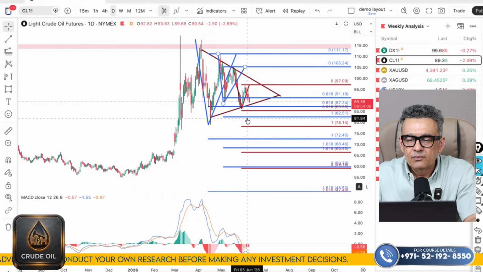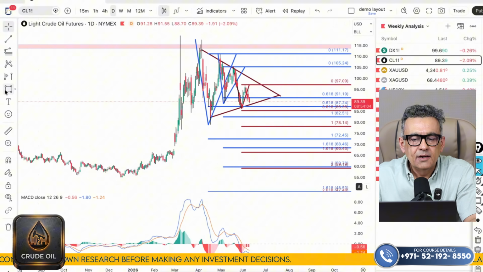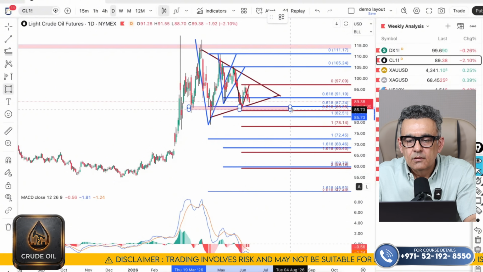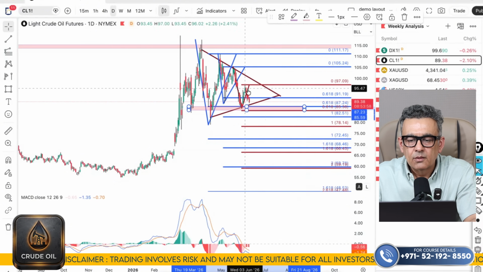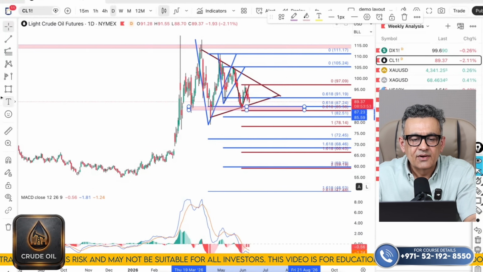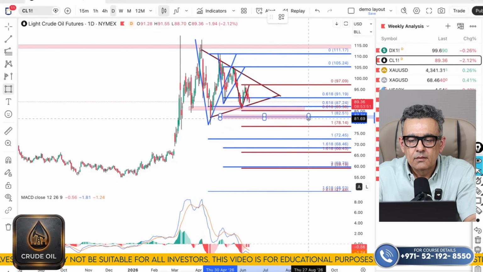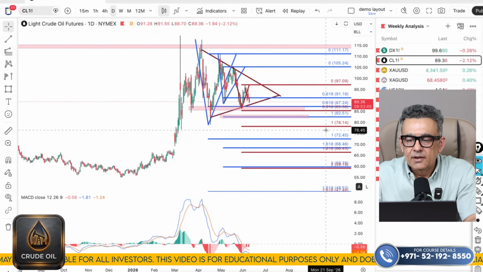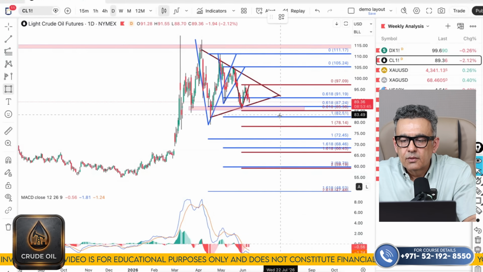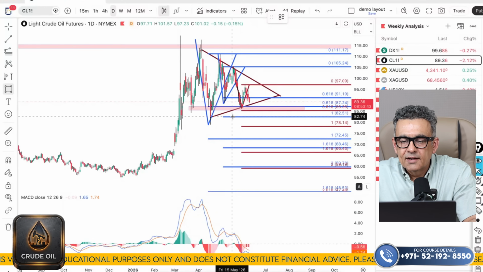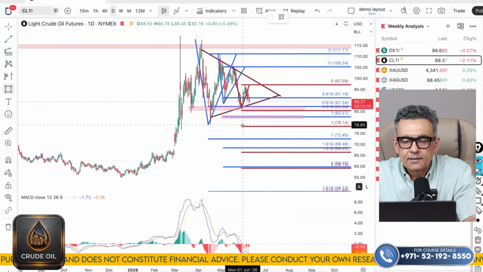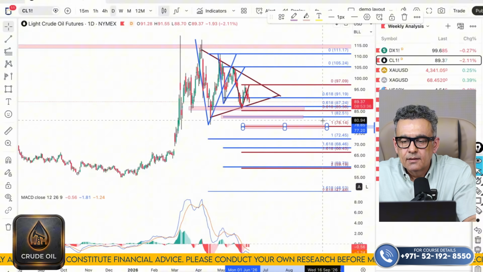Now the first major magnet is around 85 to 87 here, which is at the lower end of this triangular pattern. If this gets breached, then the next major support is at 82.51, and then we have 78.